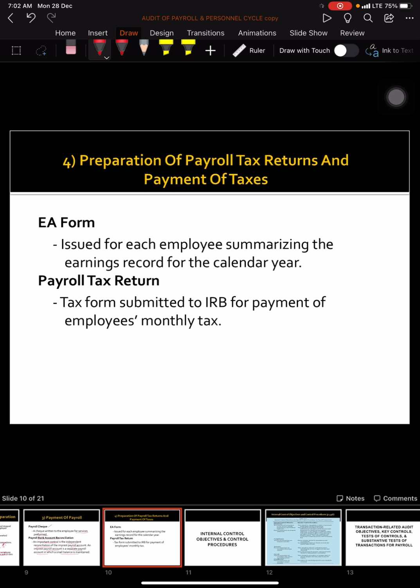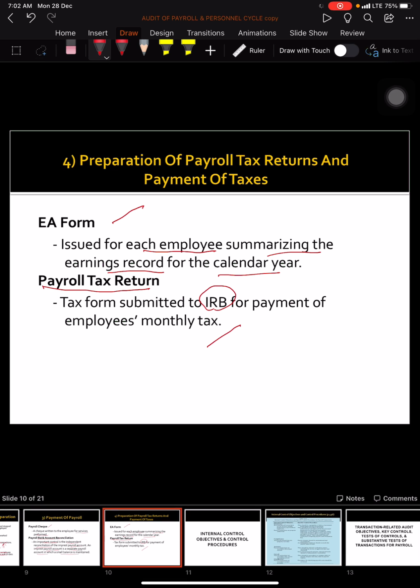Alright, so an EA form is issued for each employee summarizing the earnings record for the calendar year. So this one they have to prepare also. And then the payroll tax return, the tax form submitted to the IRB, Inland Revenue Board, for payment of the employees' monthly tax.